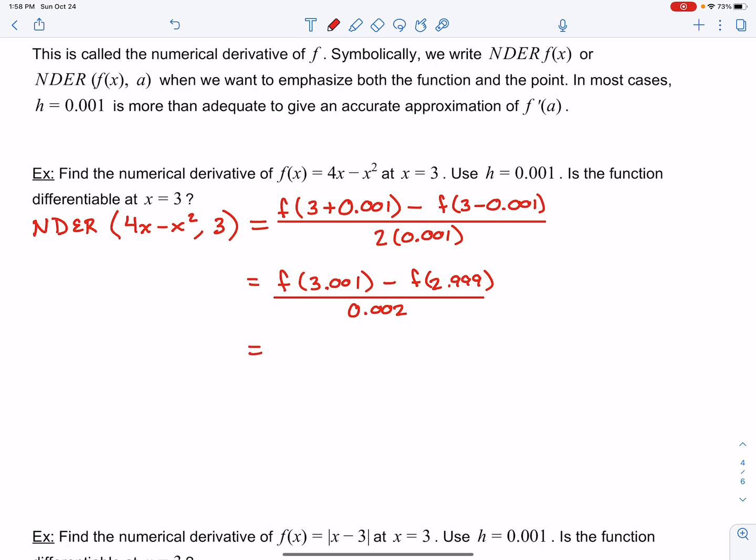We actually figure out what the values of our function are at those x values. So if we plugged in 3.001 into our function in place of x, we'd have 4 times 3.001 minus 3.001 squared.